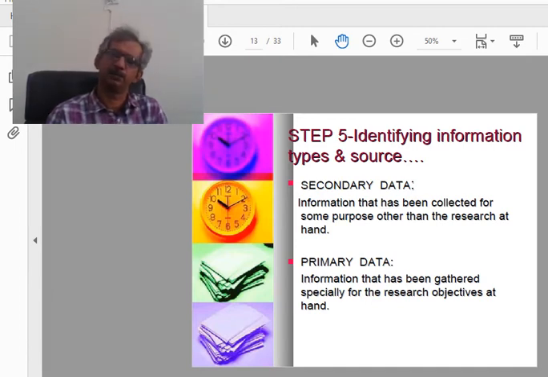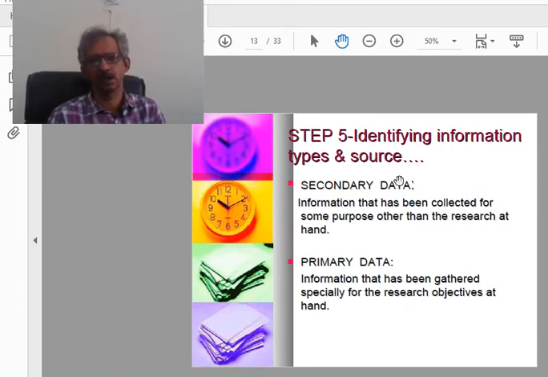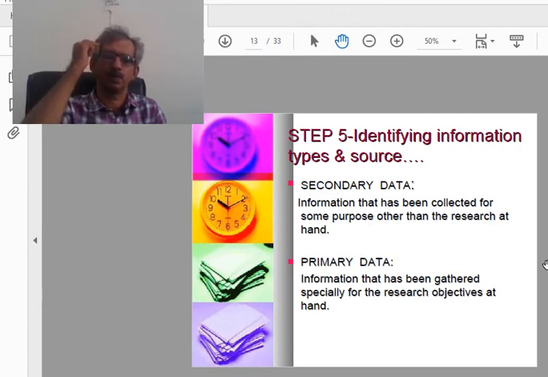Step 5 of the research process is identifying the information types and sources. What are the different sources of data from where you collect the data? There are two major sources of data collection, the secondary sources and the primary sources. We call them secondary data and primary data.